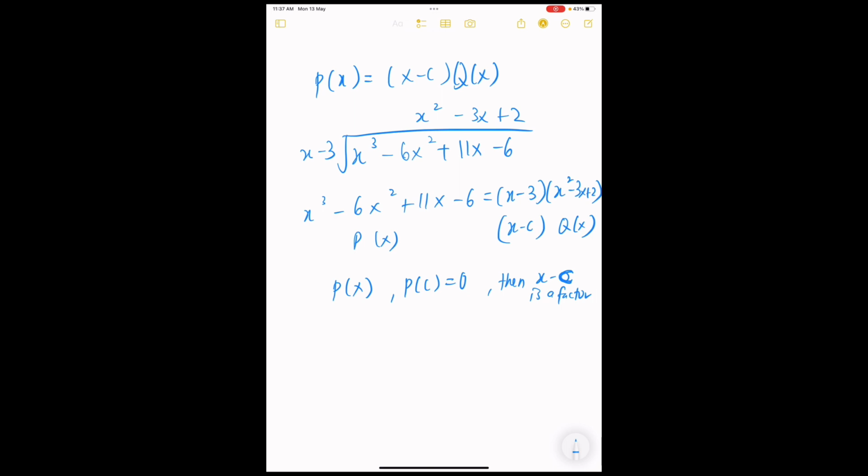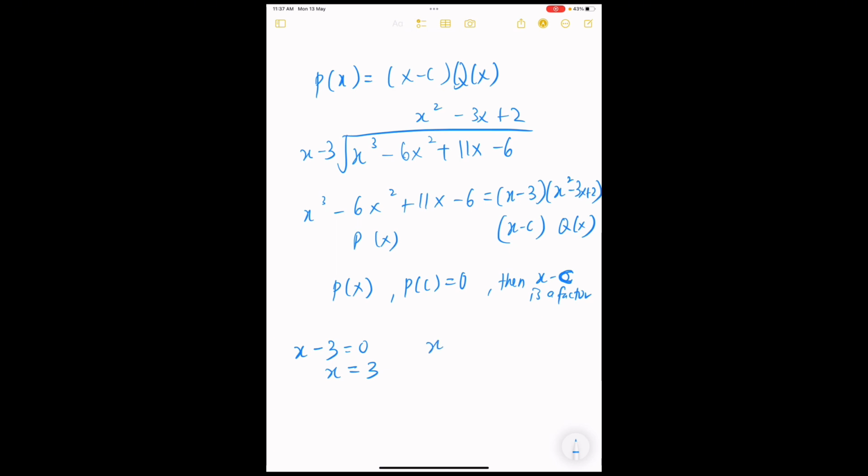Imagine after you did this long division, you can also write the equation like this. Let's say you have x minus c, where c is 3. You can put it on the other side and get x equal to 3, and you can put this x equal to 3 in the factor theorem.